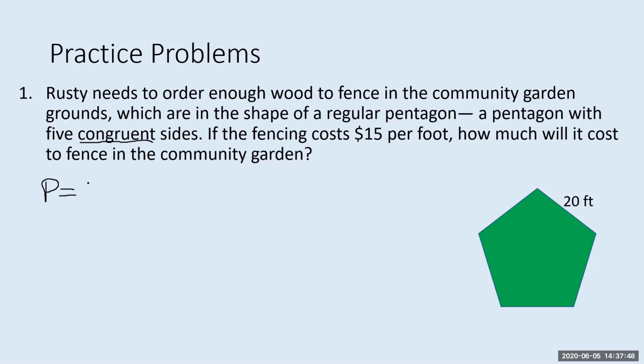If each side is 20 feet, and we've got 5 equal sides, that's going to be a total perimeter of 100 feet. So all the way around this garden is 100 feet. So we'll need 100 feet of fencing.